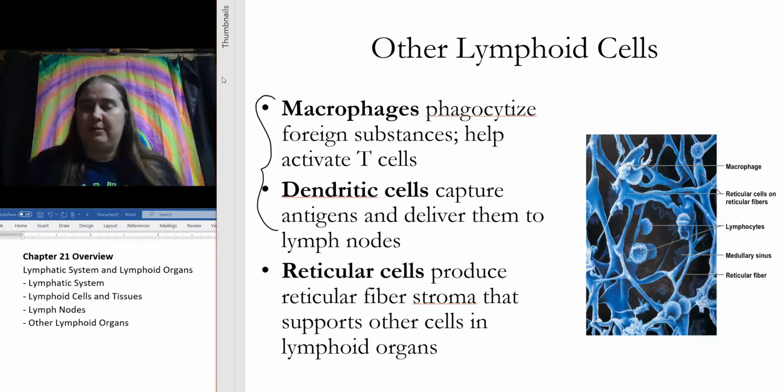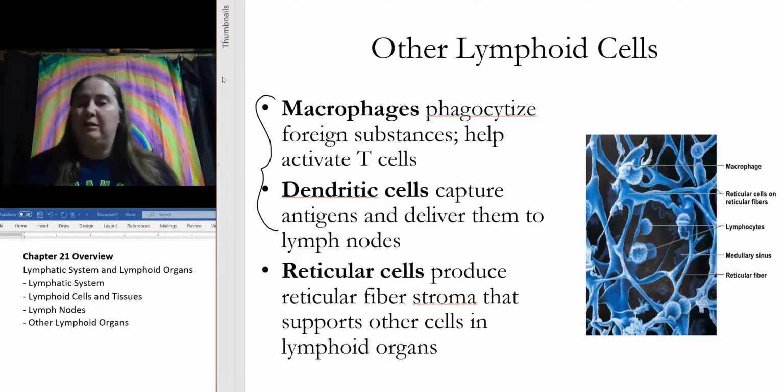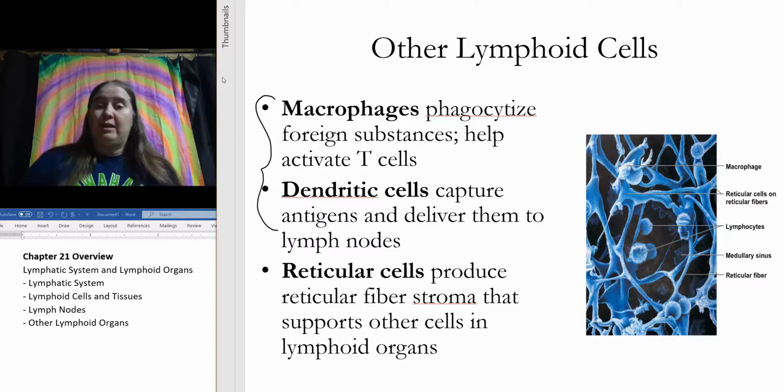Remember, we have our T cells, B cells, macrophages, and dendritic cells, and I know I keep alluding to chapter 21 a lot, but all of those are going to carry out that immune function in our lymphoid tissue. Without the reticular cells, we can't generate that reticular connective tissue that our lymphoid organs need in order to support the cells of the lymphatic/immune system.